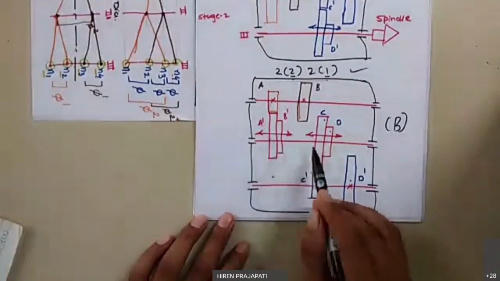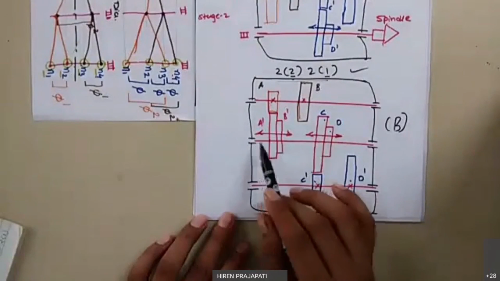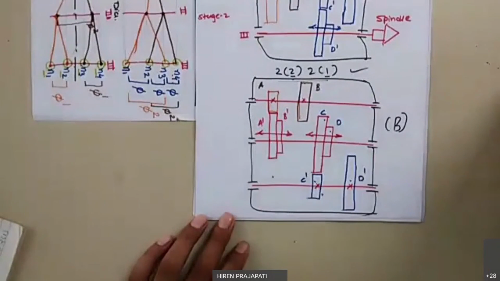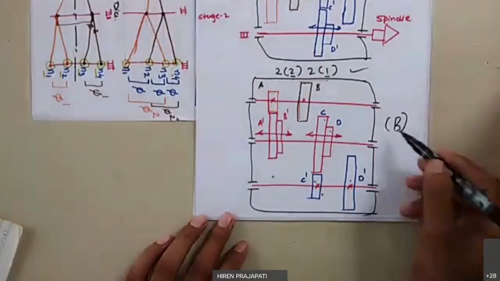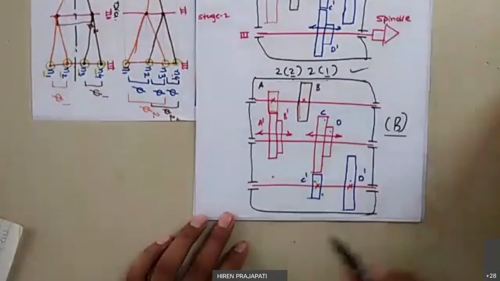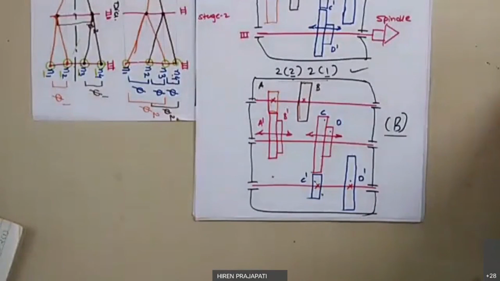And both the gear clusters are kept on the intermediate shaft. Then which gearbox arrangement do you prefer, A or B? Or which do you recommend most, A or B? Please give your response in the chat section.